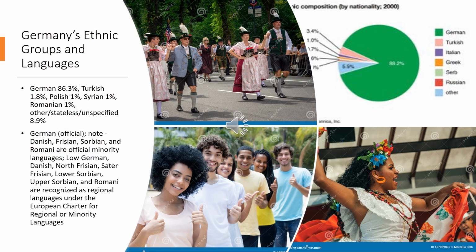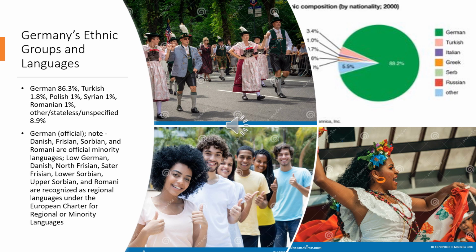Now let's talk about Germany's ethnic groups and languages. About 86% of Germany is German people.